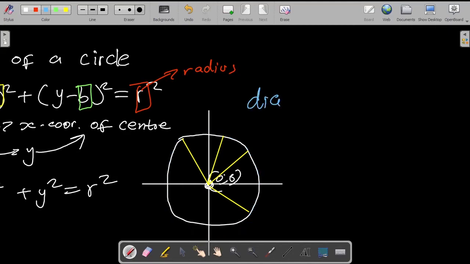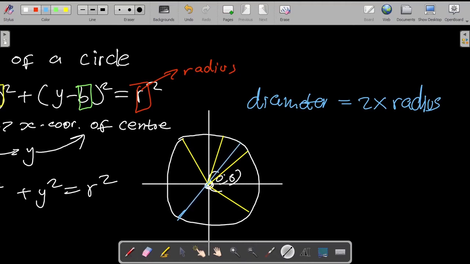Now when we talk about the diameter, it is twice the size of the radius. Here's why. Your diameter starts on one side of the circumference, passes through the center, and goes all the way to the other side of the circumference.